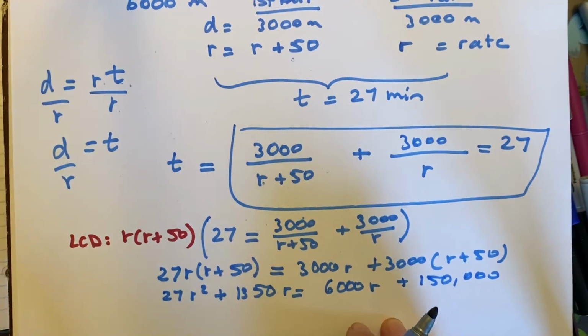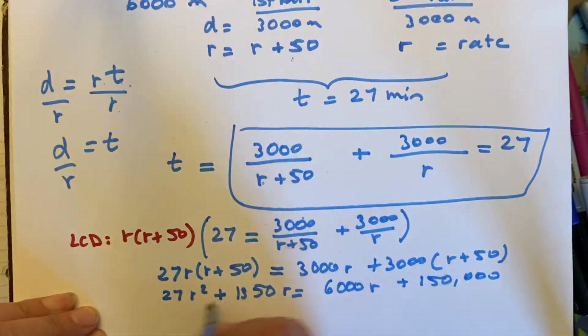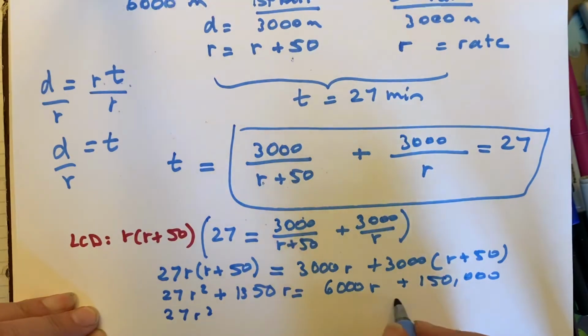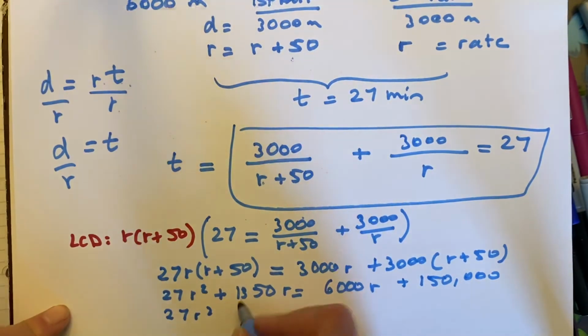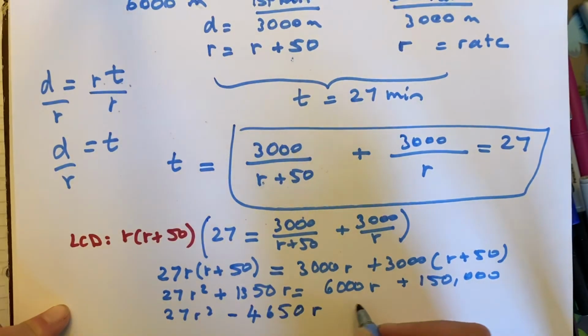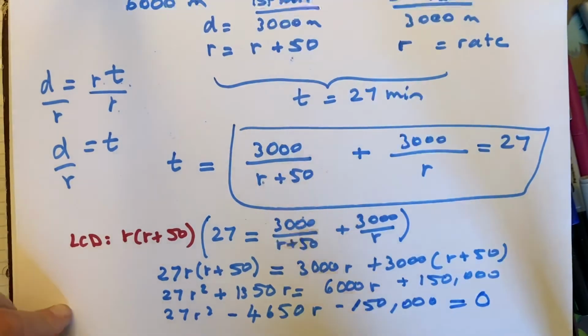Okay, when I simplify my equation and set everything equal to 0, I'm going to end up with 27r squared minus 4,650r minus 150,000 equals 0.